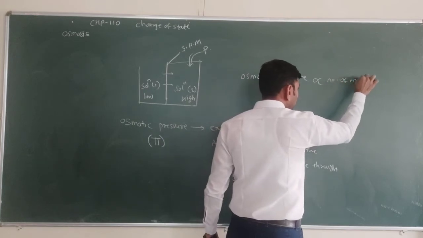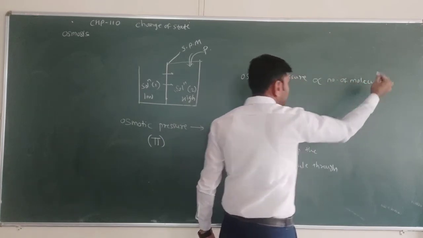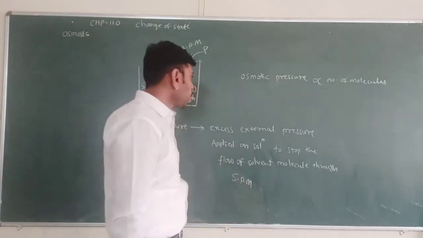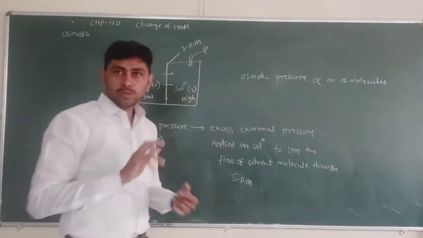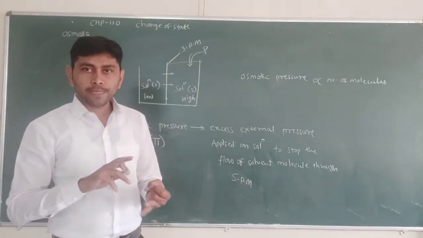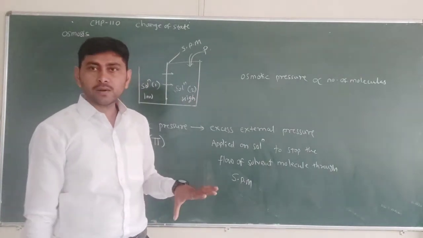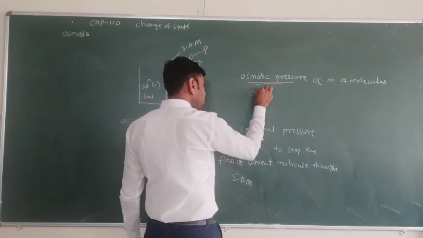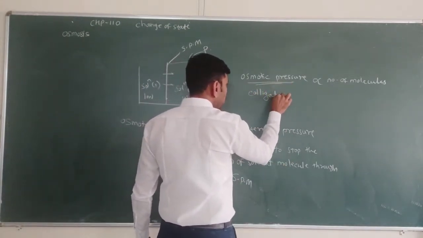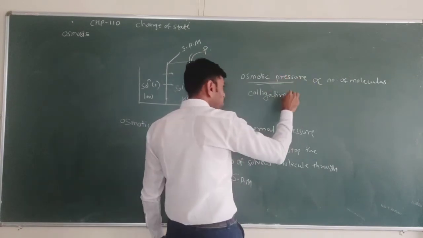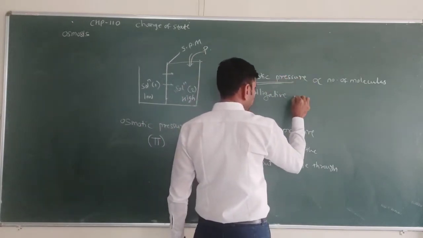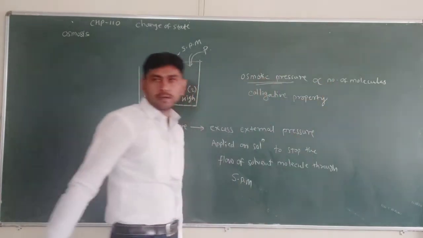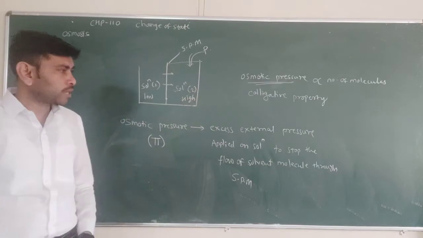Those properties which depend on number of molecules are called colligative properties. So osmotic pressure is a colligative property because it depends on number of molecules of the solute present.